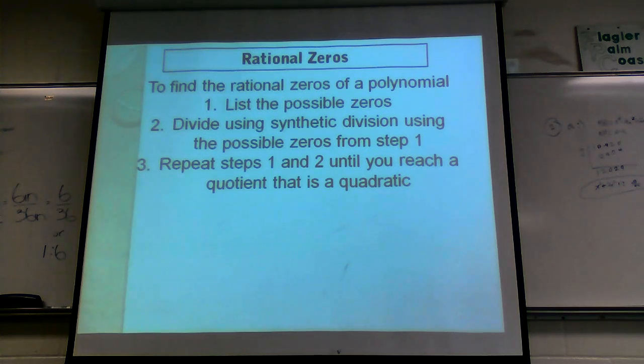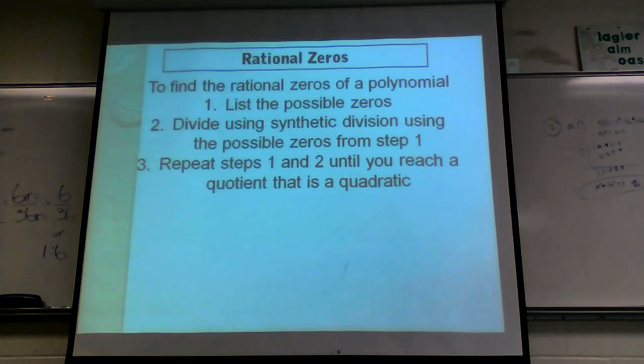Now, step 1, when it says list possible zeros, you can actually do a combination of the Descartes rule of sign changes, figuring out how many possibles there are, along with that first theorem that said these are the possible numbers that could be a rational zero, with the whole P over Q thing. So step 1 kind of involves both of them.